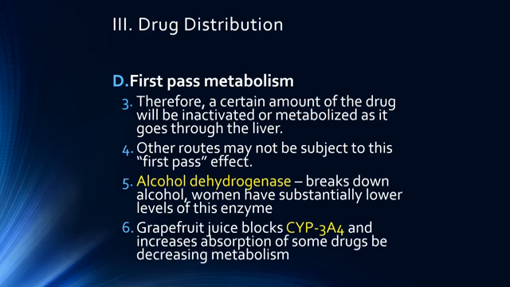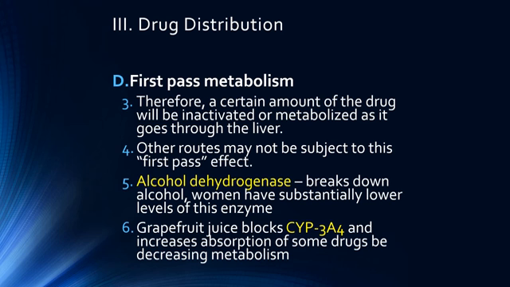I want to make another quick note about first-pass metabolism, which is a quirky effect of grapefruit. Grapefruit juice and eating grapefruit blocks one of the enzymes that's used to break down certain drugs, and it's the cytochrome P3A4. So grapefruit juice is what we call a cytochrome P3A4 inhibitor.